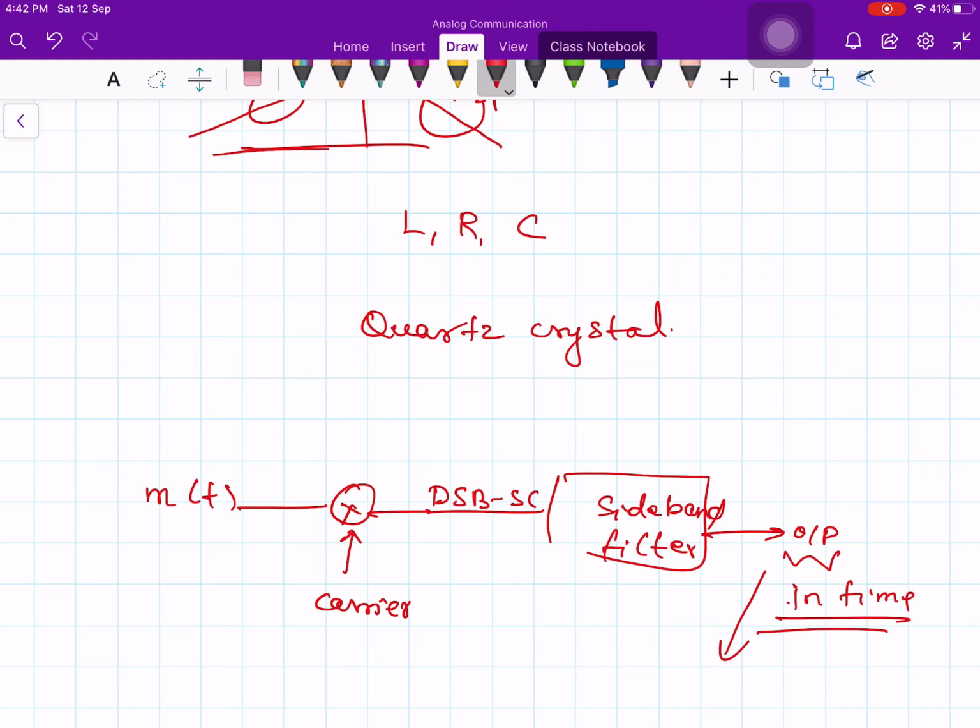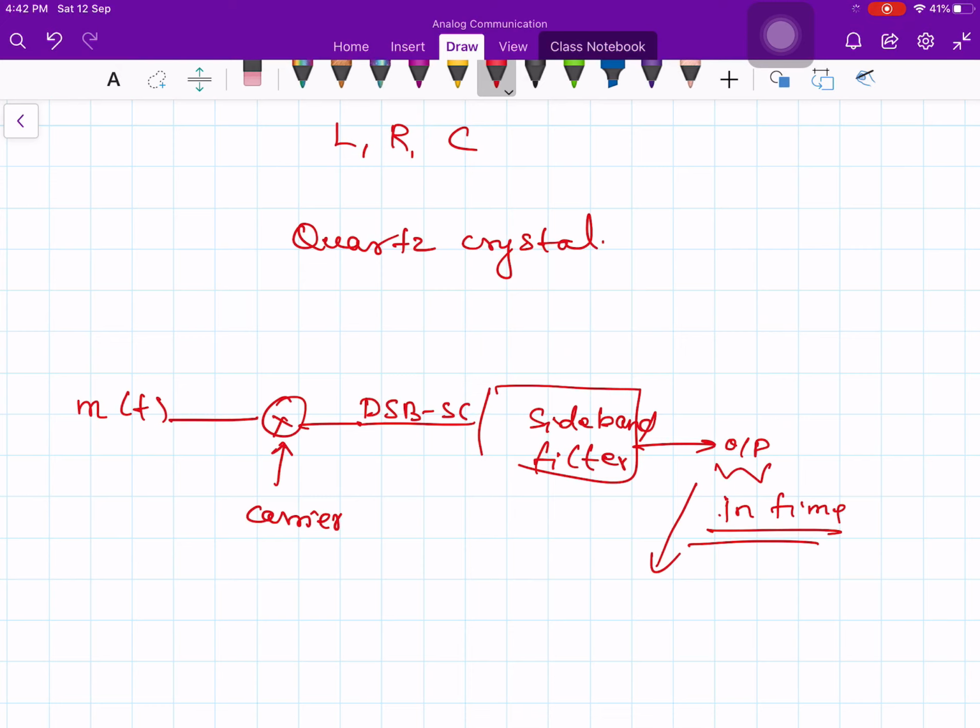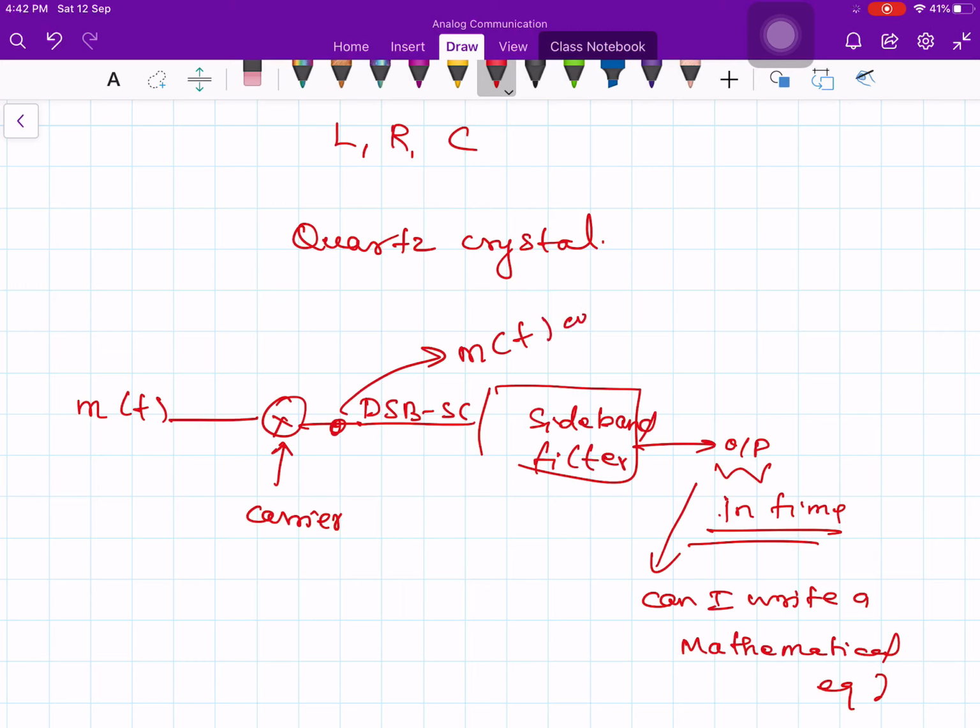Can I write a mathematical equation for this? That is the question. The answer is not that easy anymore. See, up to this point, no problem. You can write m of t times cos omega ct, you put A here, no problem. But here it is very difficult.